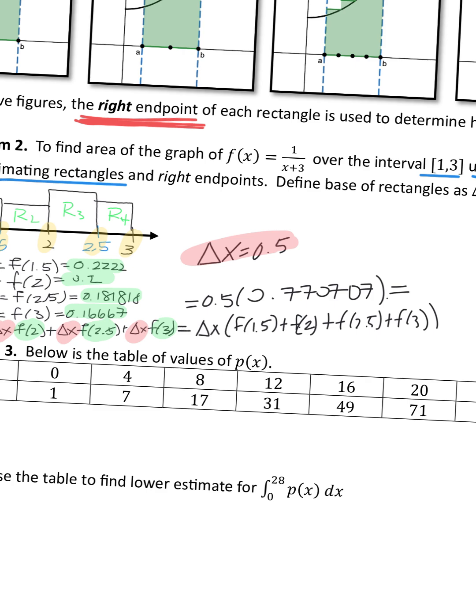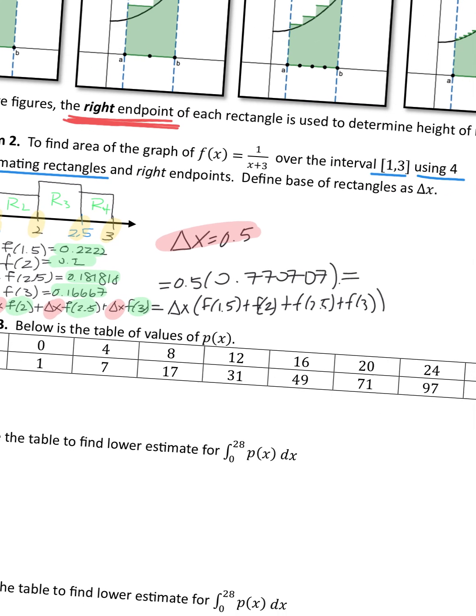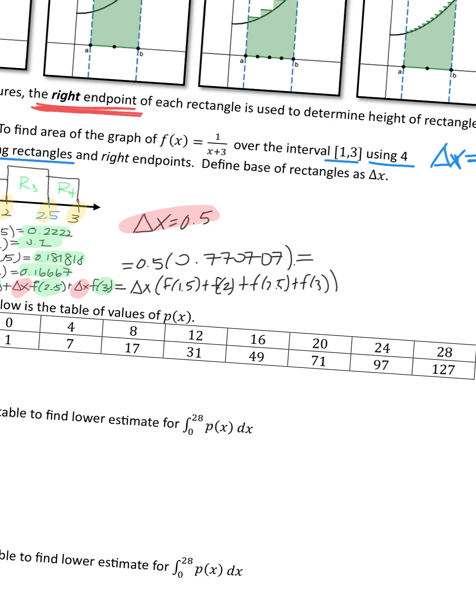That's going to yield 0.385354, and this over here is our approximation, so is our approximate area.